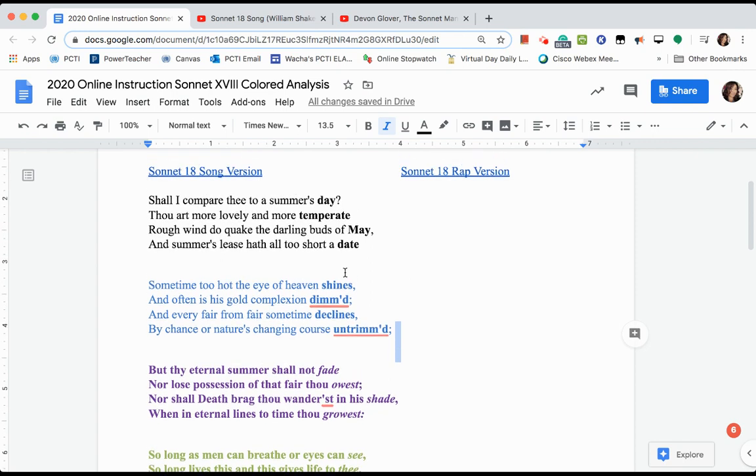And then the last component of Shakespeare sonnets is that each line was made up of 10 syllables. If you remember, a syllable is the sound of how many sounds are in a word. So if I say school, school is one syllable. If I say Joshua, it's Joshua.